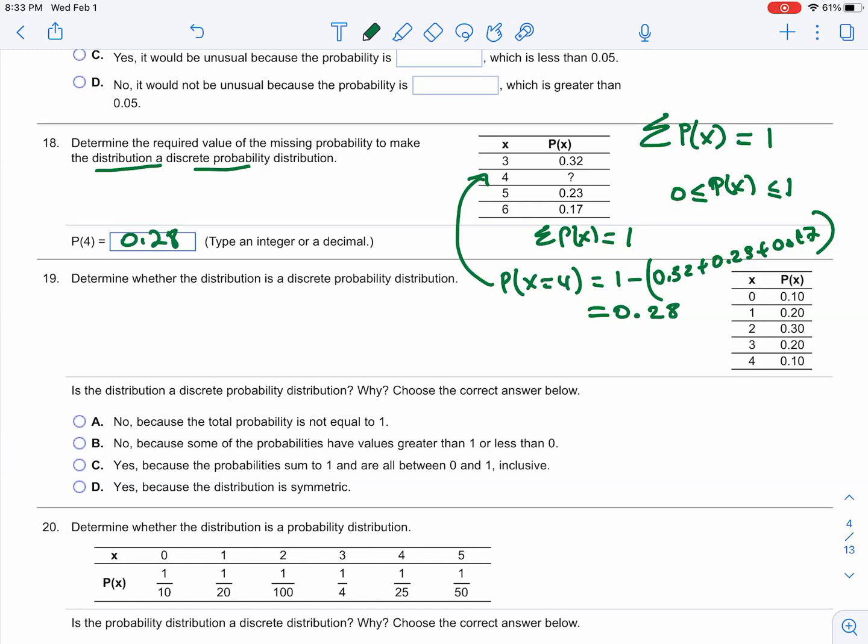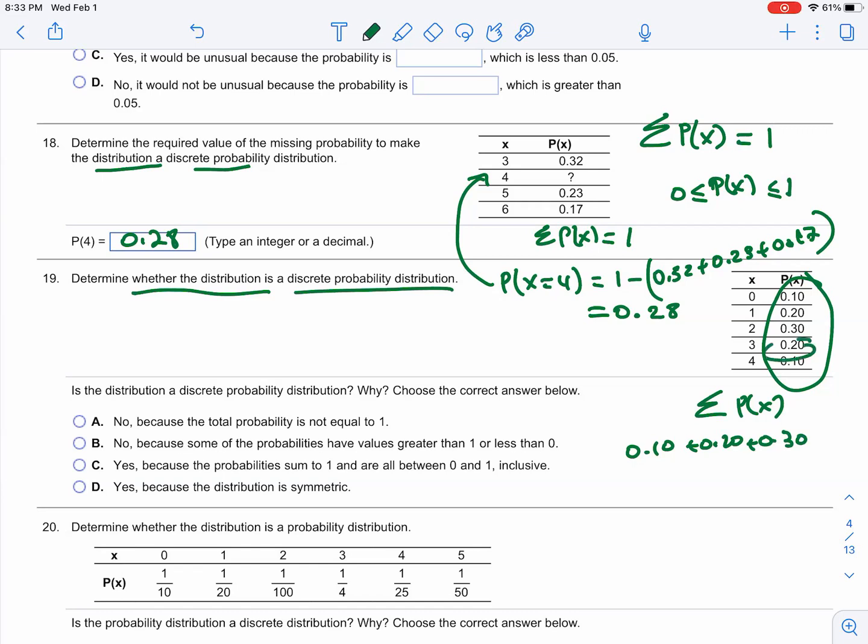All right, it says determine whether the distribution is a discrete probability distribution. So literally, all you have to do is check the sum to make sure that it gives you back 1. So this is 0.30, 0.60, and then 0.20 and 0.10. It doesn't work.